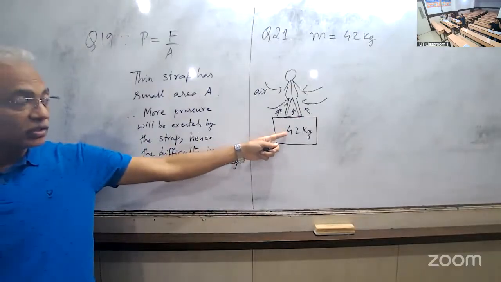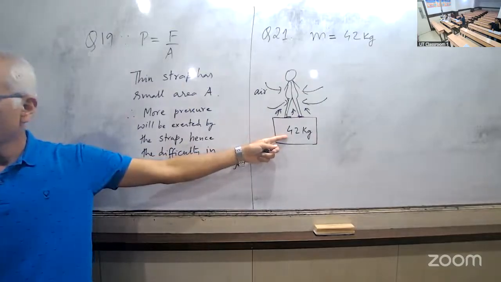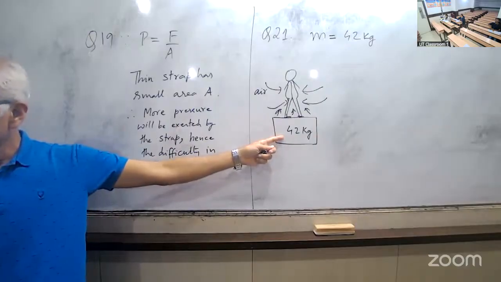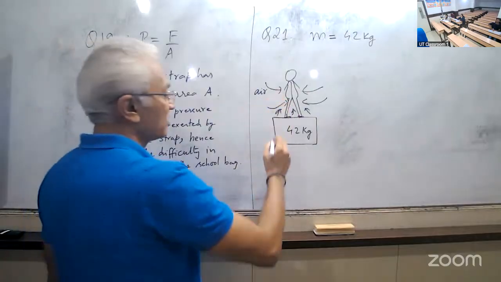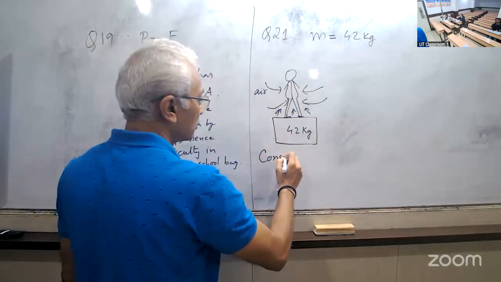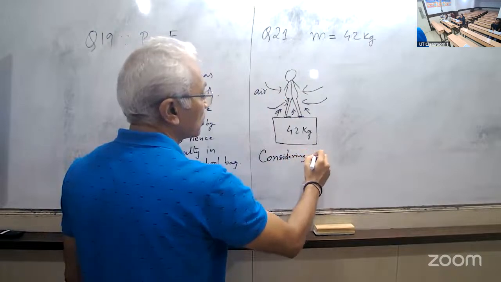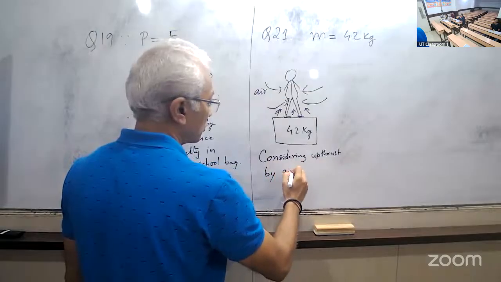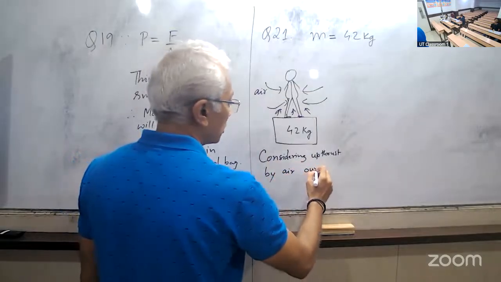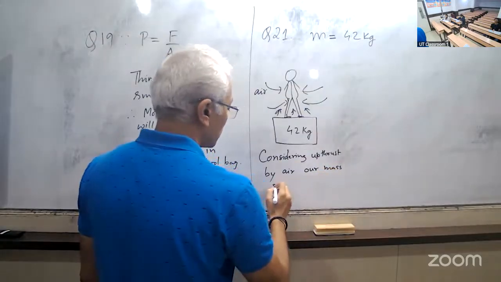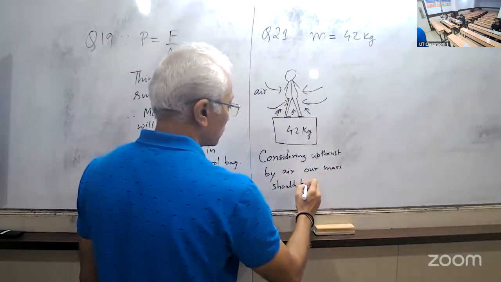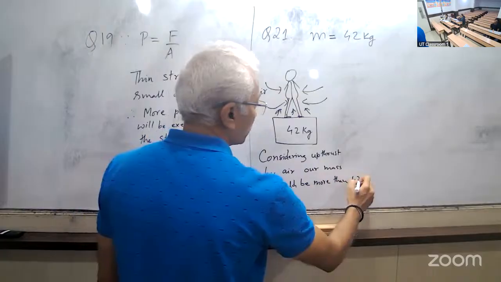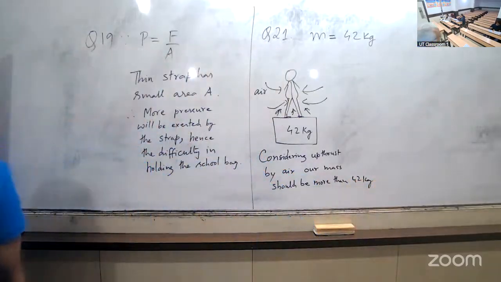Sorry, this mass displayed is less. Actually, our mass should be more. So one way of looking at it is, if you consider upthrust by air, our mass will be more than 40 kg. Correct?